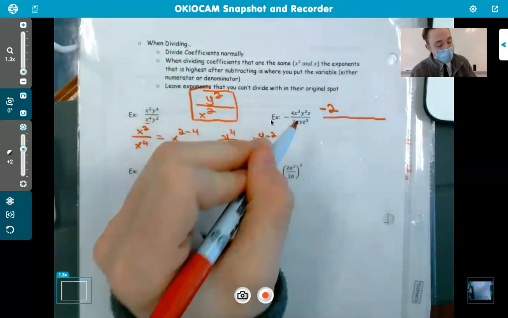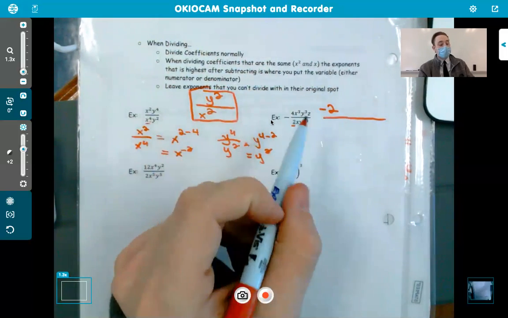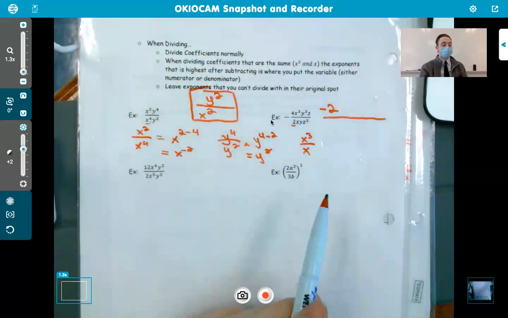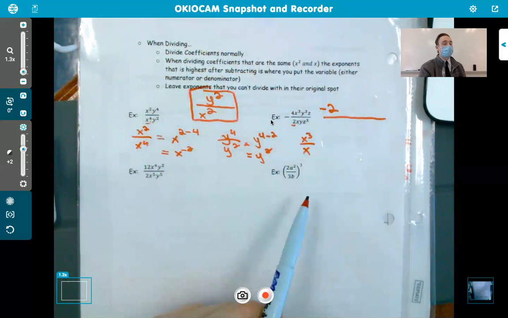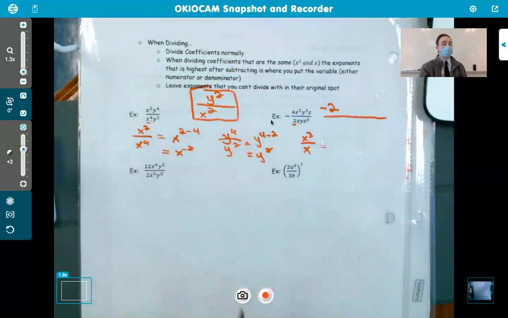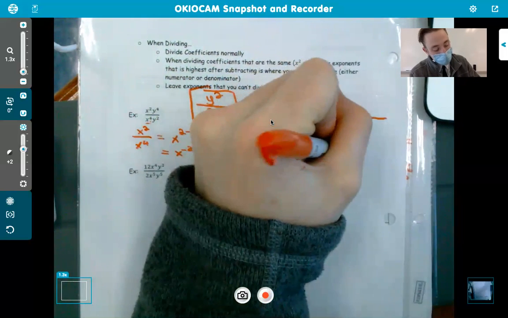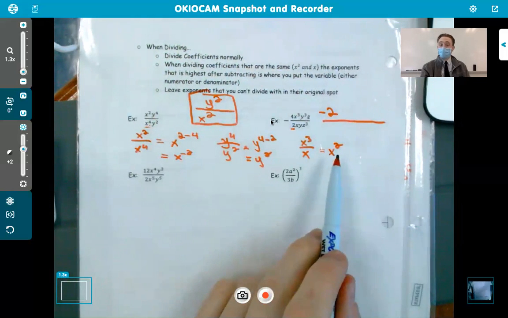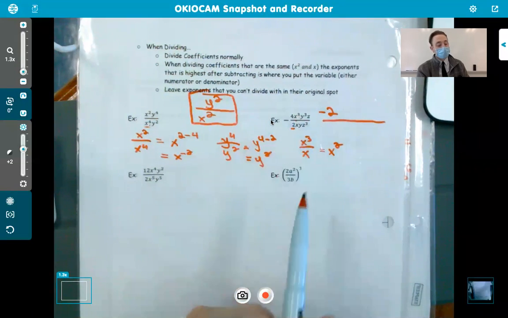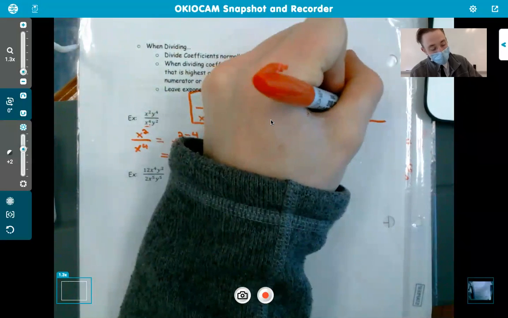So this column here. Now I'm going to go to x cubed divided by x. What is x cubed divided by x going to give me? Remember, I'm subtracting the exponents there. X squared. It'll give me x squared. It's a positive x squared. My higher exponent is in my numerator, so I'm going to put the x squared in my numerator.